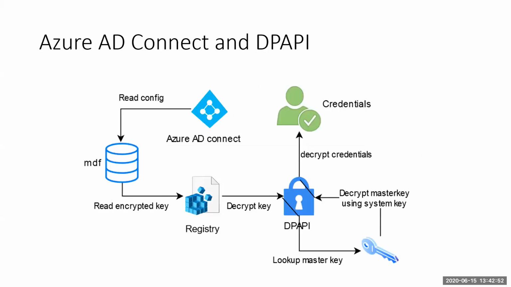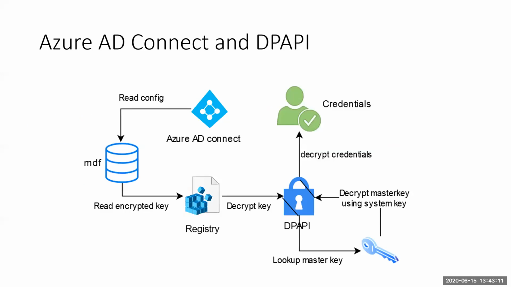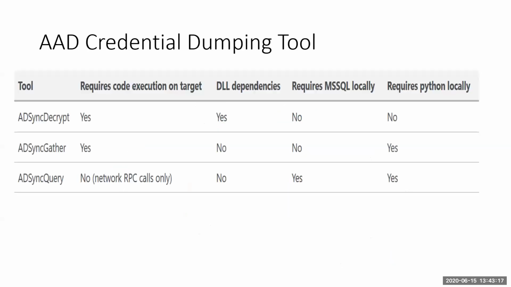And this is a little bit of how it's structured. DPAPI is used to read the encrypted key and decrypt it. So this is basically how it works with Azure AD Connect. Problem is there's tooling available to recover that.